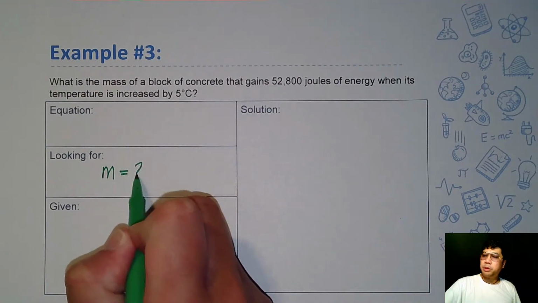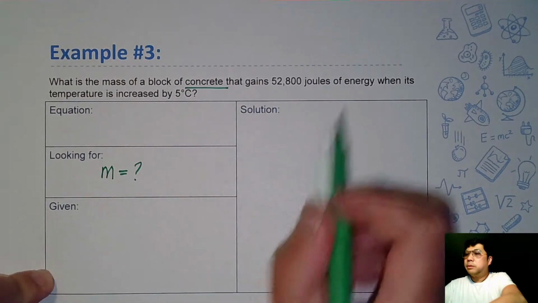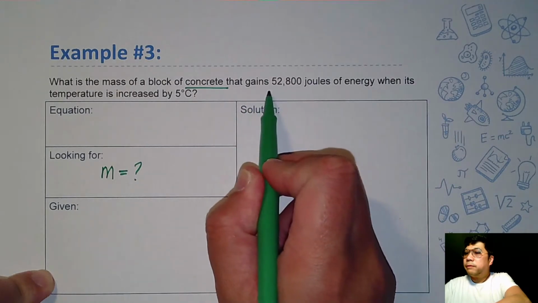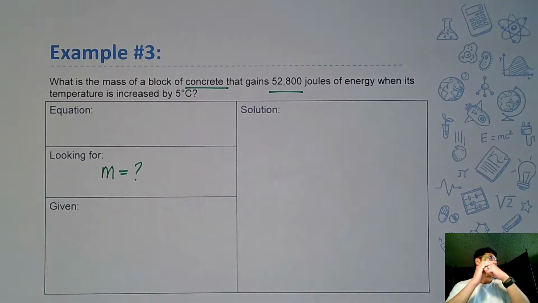Therefore, we know that the material is concrete, and it gains 52,800 joules of energy.